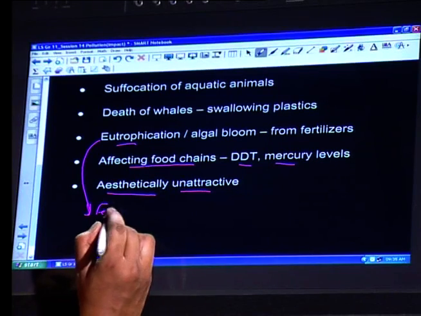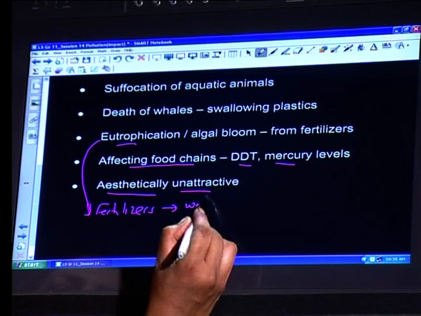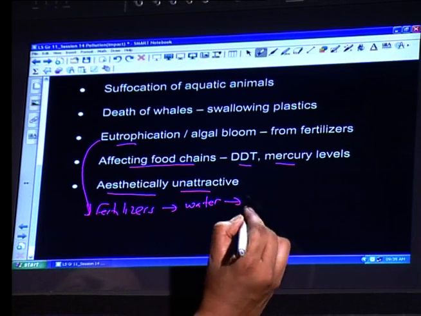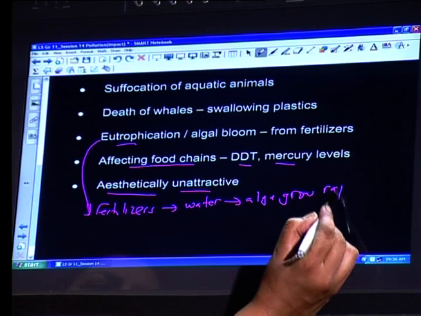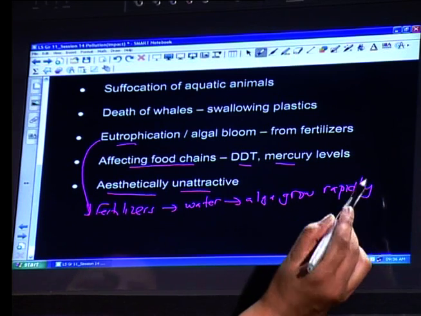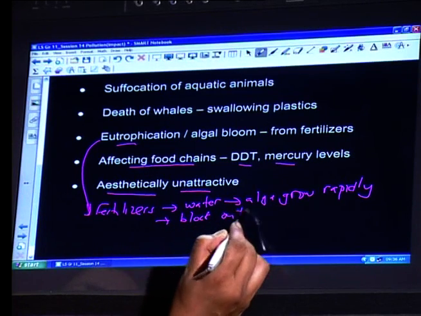Right, it all starts off with fertilizers. So the fertilizers get into the water, and then the algae grow rapidly. Once they grow rapidly, what's going to happen? There's a whole lot of algal growth on the surface of that aquatic ecosystem, lake, river, dam, a whole lot of green algae floating. This then blocks out the sunlight.